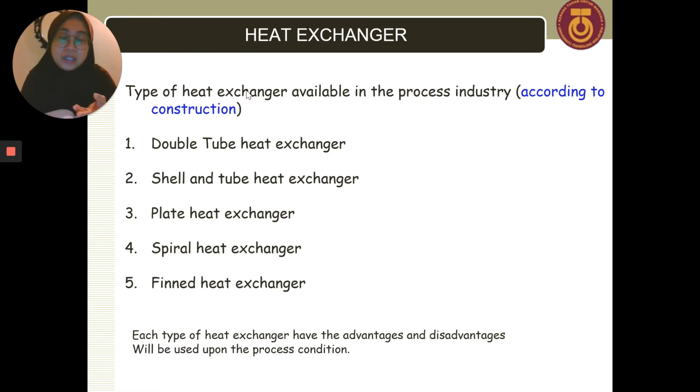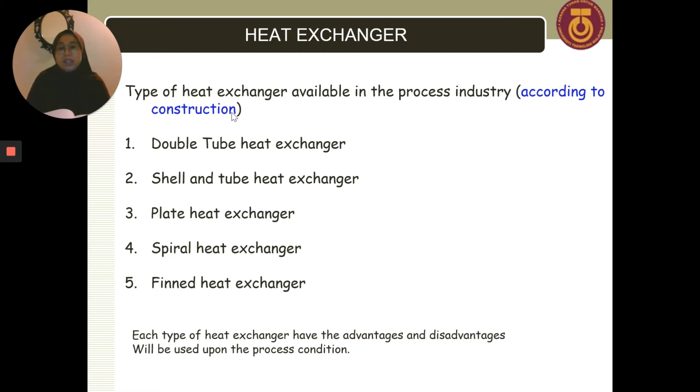But for this one, I just want to focus on heat exchangers according to construction, because it is more important when we talk about the application of heat exchangers. Each application needs a special or custom-made design.